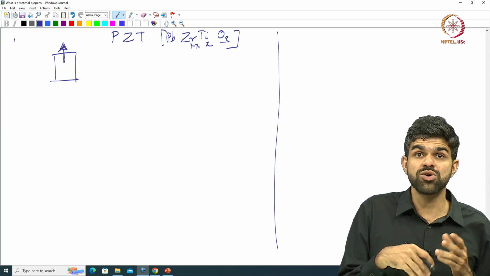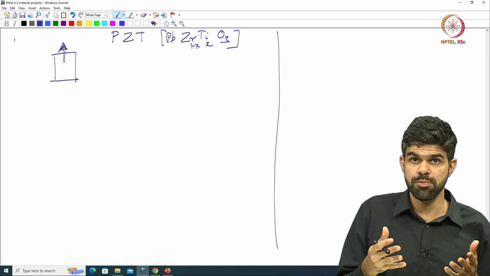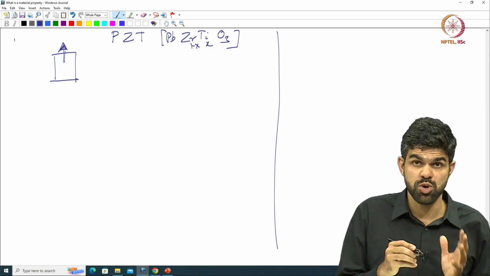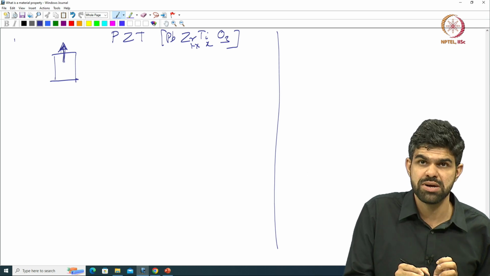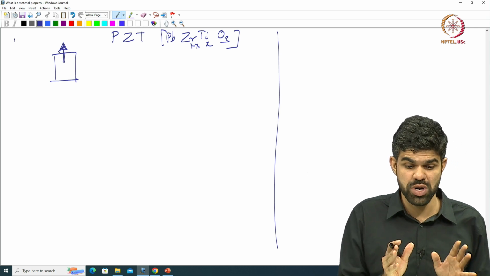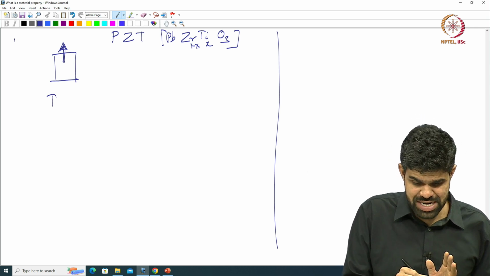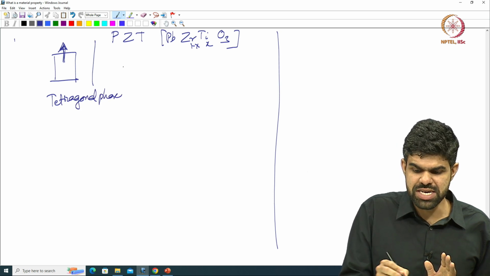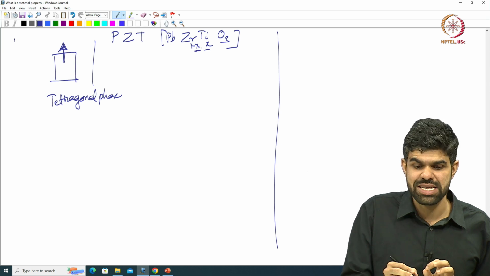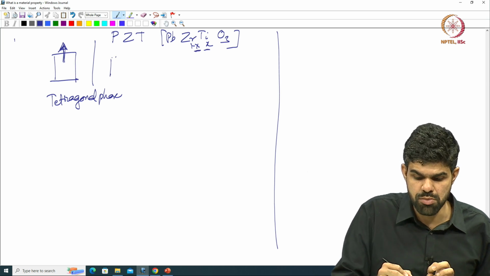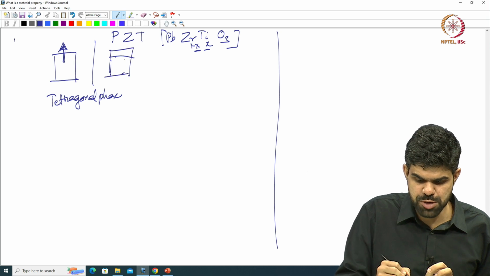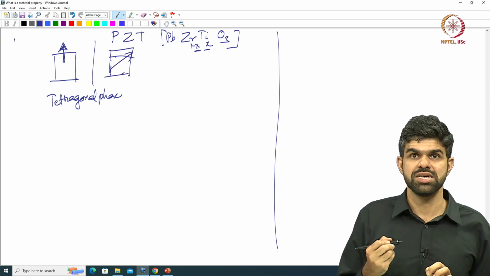This is the ferroelectric polarization, it is not the dipolar polarization, it is not the dielectric polarization, it is the ferroelectric polarization, spontaneous polarization which is pointing up. Average polarization is pointing up in the tetragonal phase, right. But PZT, if I play with x, can also have what is called a rhombohedral phase, where the average polarization points in this direction, right.